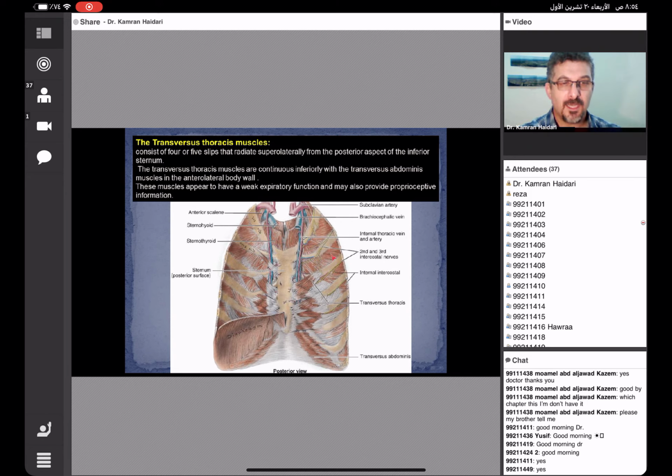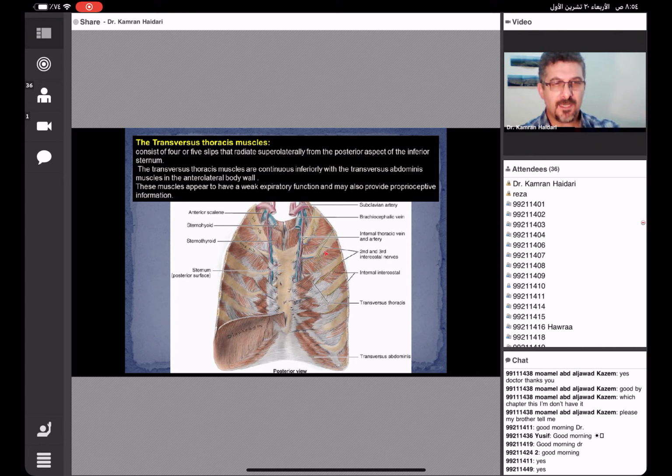Alright, and internal intercostal muscle arises from the floor of a costal sulcus, a rib, and attaches to the internal surface of the next rib.